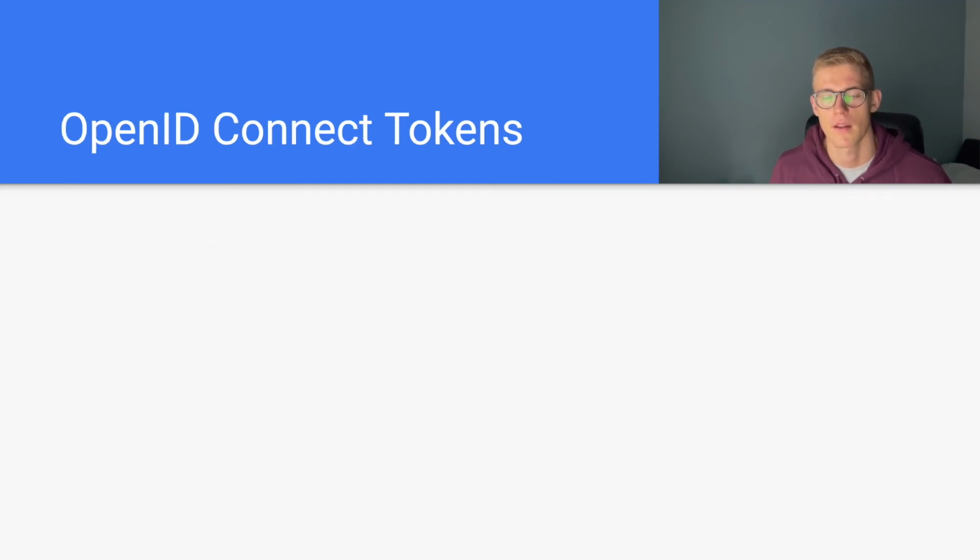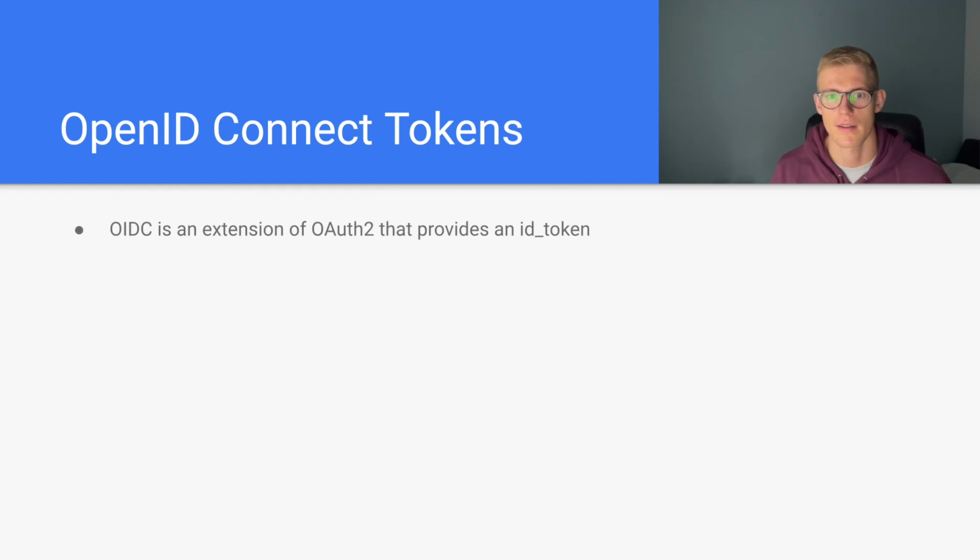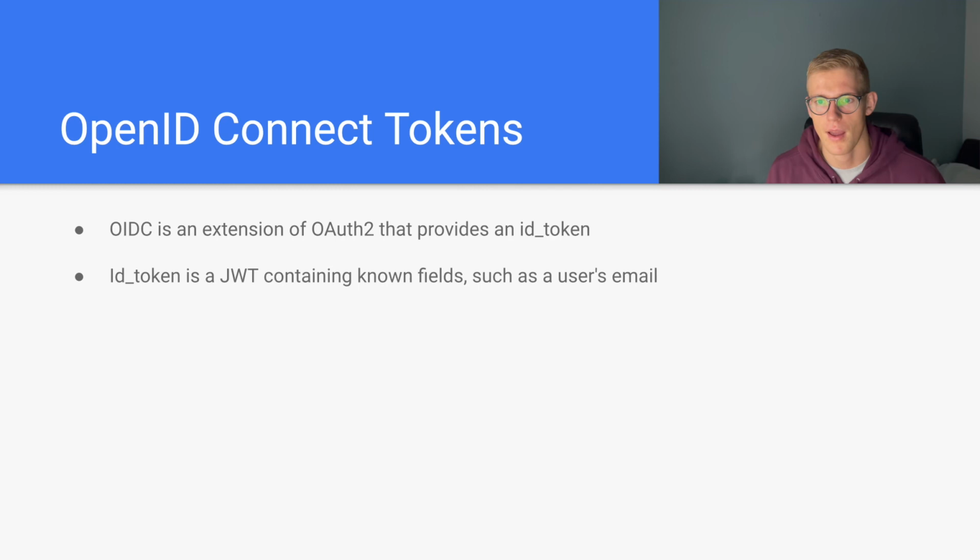Okay. The final method that I'm going to mention in this video is OpenID Connect tokens. So OpenID Connect is an extension of OAuth 2 that provides an ID token. This ID token is a JSON web token, and it contains known fields such as user emails and other information that are used to identify a particular user.